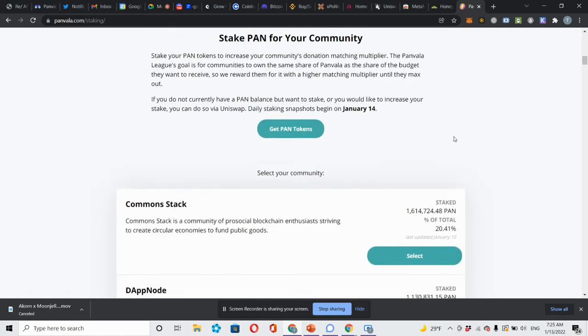And I'm not sure how much of that treasury is available for these, but they're taking daily snapshots beginning on January 14th of the amount of PAN you have staked for your community. And this will be able to reward you from that treasury.